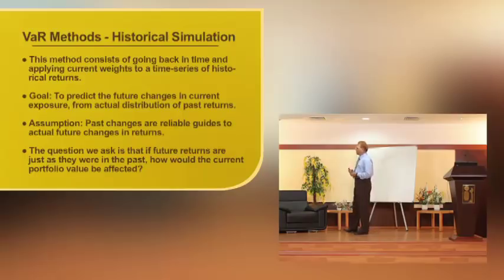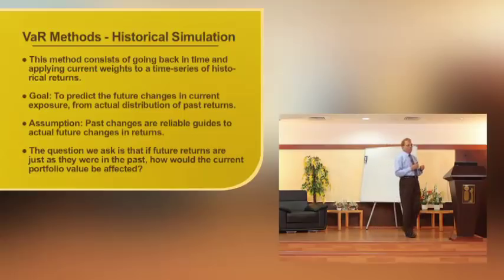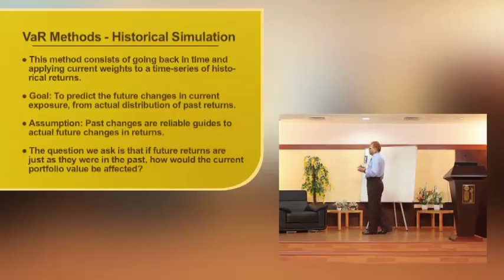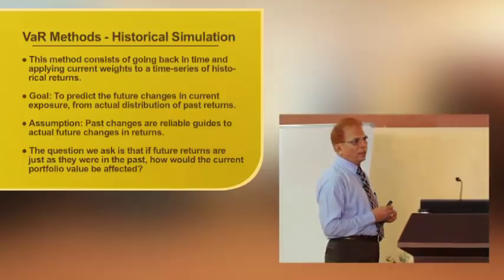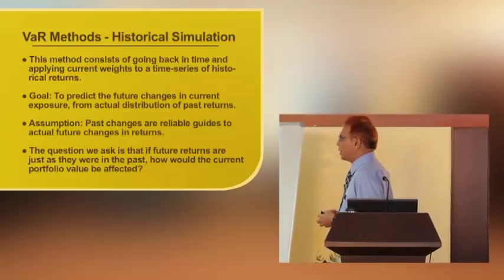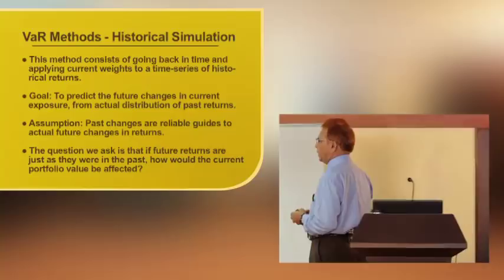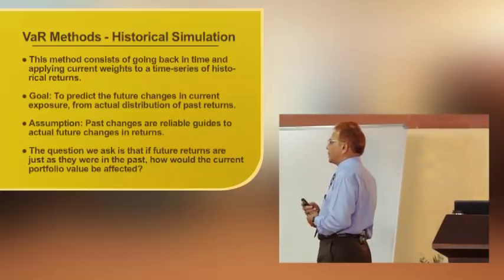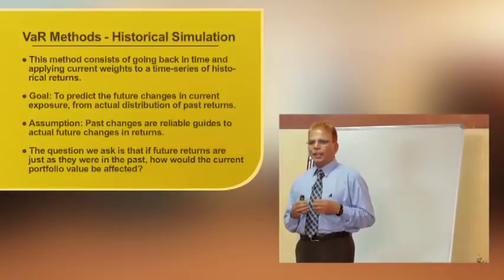Basically the historical simulation method, which is widely used because of its simplicity, uses the historical data relating to the particular position, and uses those time series to compute the expected loss in future by way of a VAR number.